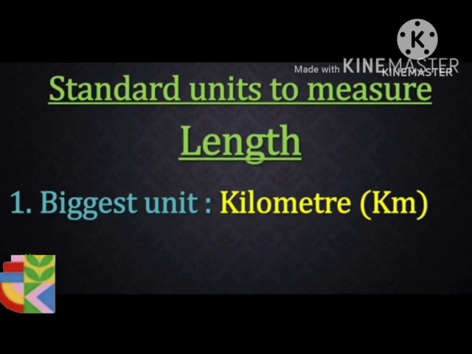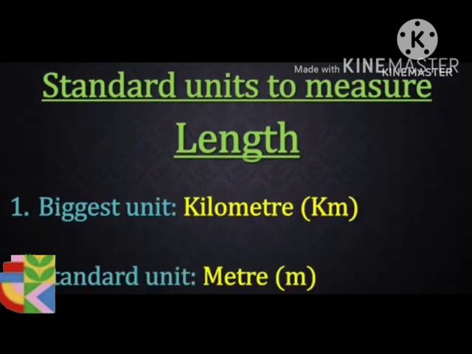The biggest unit of length is kilometer. And why is it the biggest? Because it is used to measure the things or objects which are very long. For example, the distance between two cities, road, railway track, which have no end, which you cannot see. So, kilometer is the biggest unit.